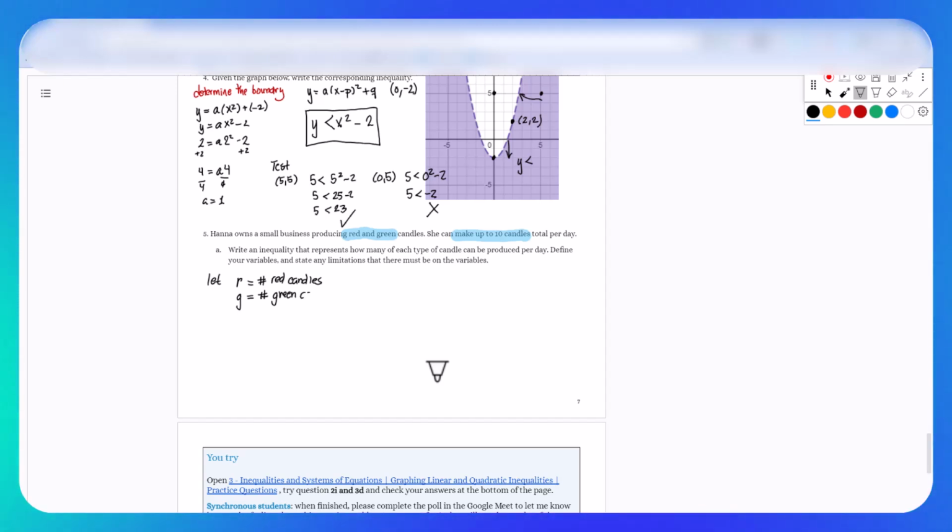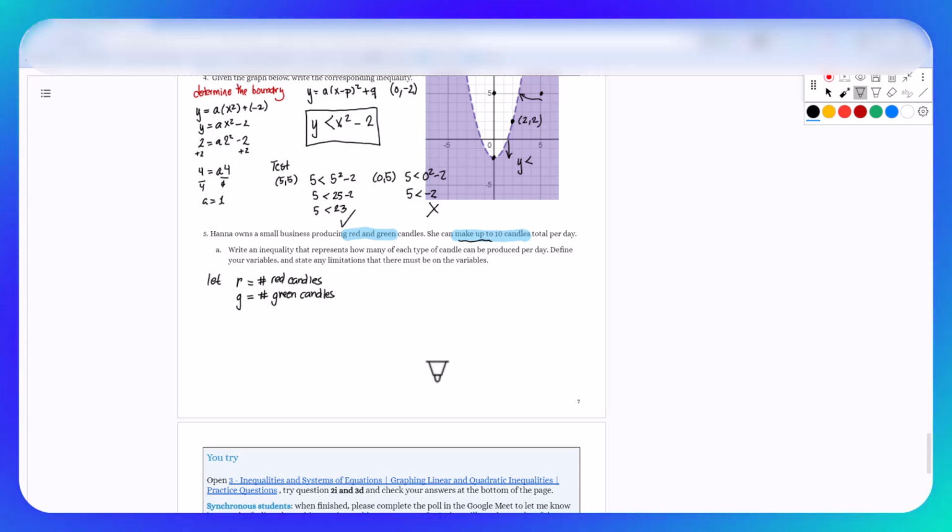Pretty straightforward. Now every day she's going to make some red or some green or some combination of both. And she's going to make up to 10. Well, up to 10 means she can make anything less than 10, or she can make it equal to 10.